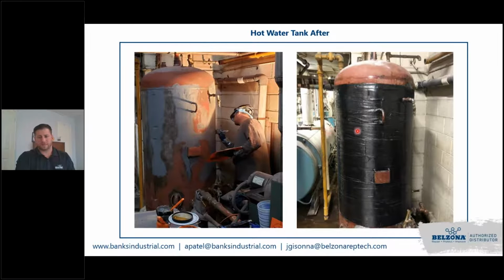And then the end result was us wrapping the tank again with the Belzona Super Wrap 2 system to keep the customer running. The downtime was overall probably 24 full hours, and the end result was the customer being thrilled with the solution that Belzona was able to provide.